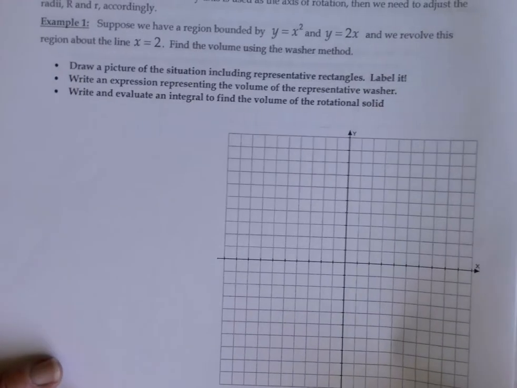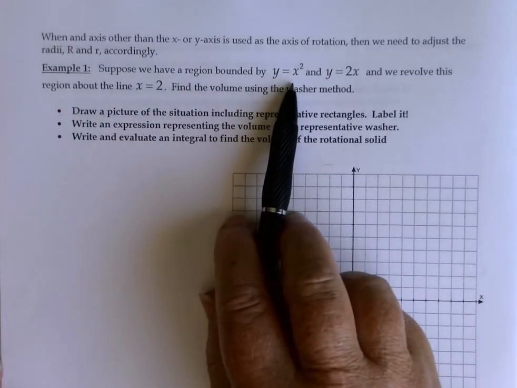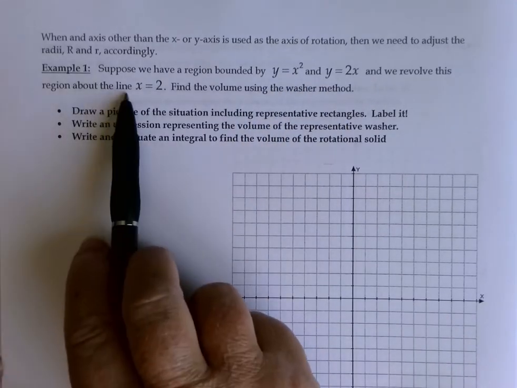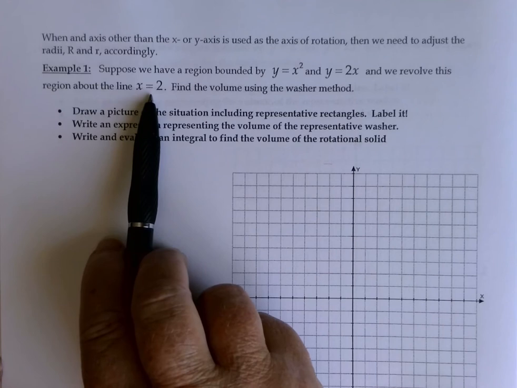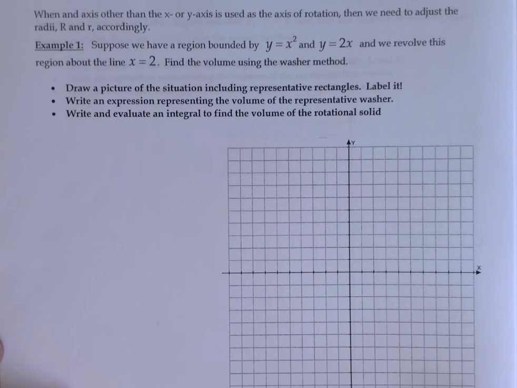All right, so let's go on to the example that we were working on. Same thing here. We still have y equals x squared and y equals 2x. But this time I'm going to revolve around a different line. Instead of rotating around the y-axis, I want to rotate around the vertical line, x equals 2. Let's see how that works.